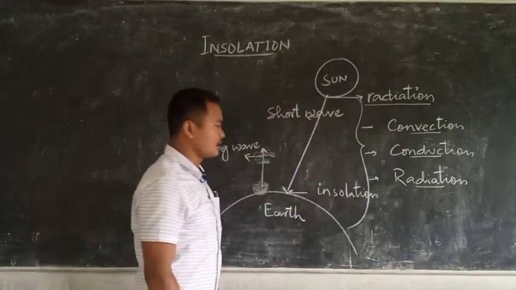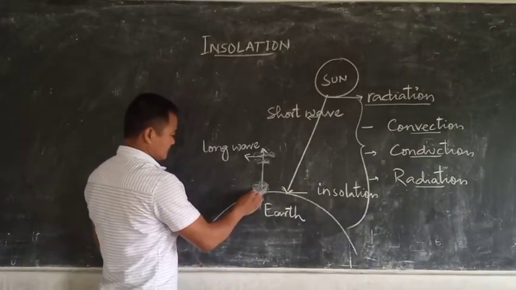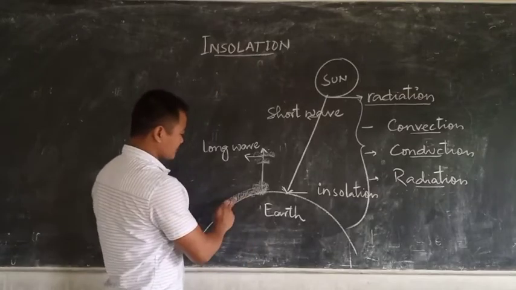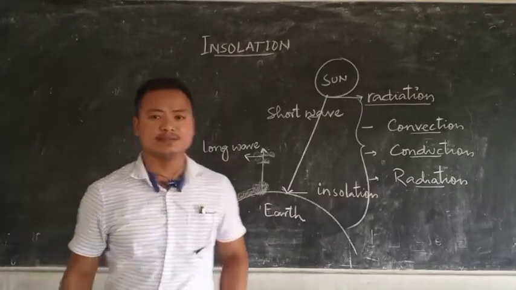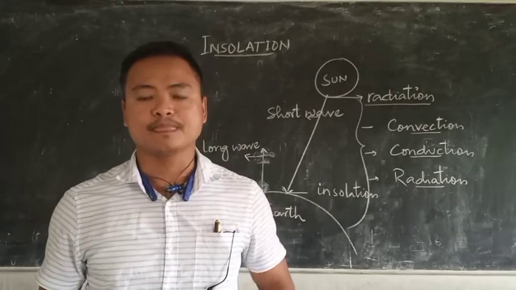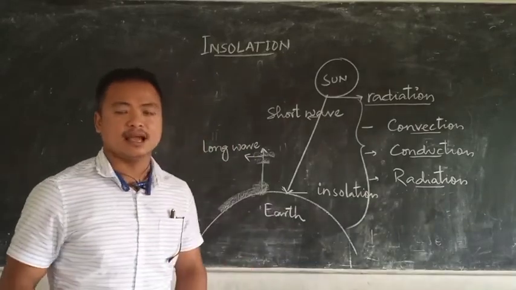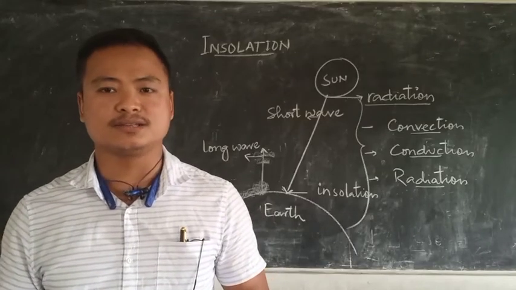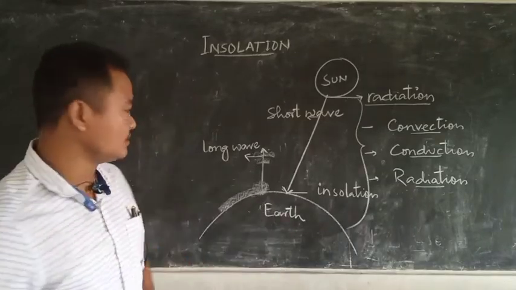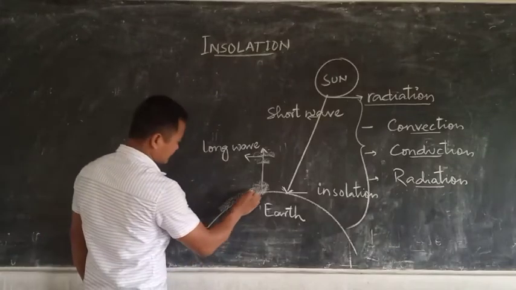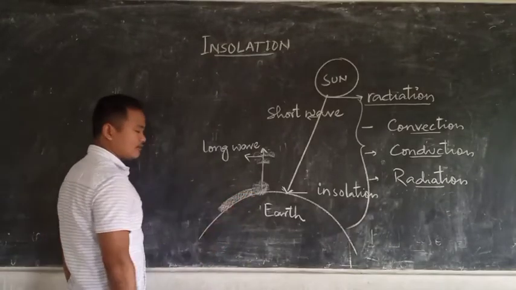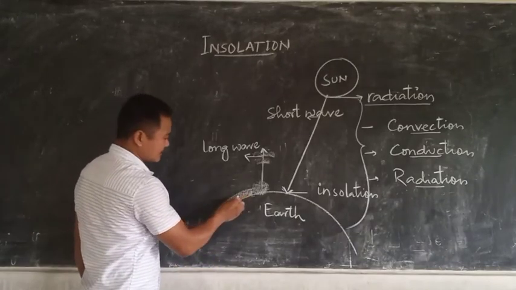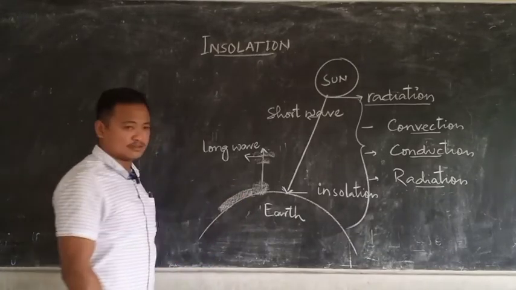While the process of conduction is, here we see the lower layers of the atmosphere. This is very close, or in contact with the Earth's surface. Now once the Earth's surface heats, after heating, it liberates the heat back to the atmosphere. So the immediate layer of atmosphere next to the Earth's surface slowly starts getting heated because of the heat of the Earth's surface.